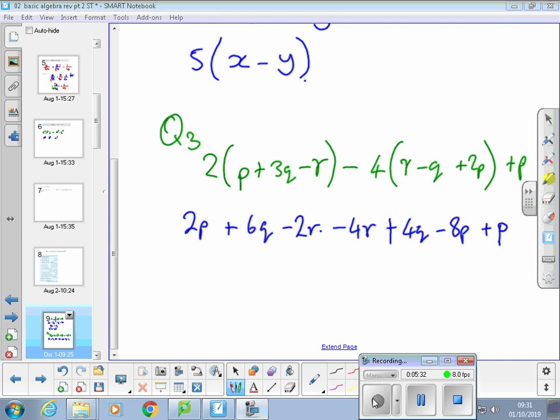So we've got 2p and minus 8p plus p. So 2p minus 8p is minus 6p, plus p is minus 5p.